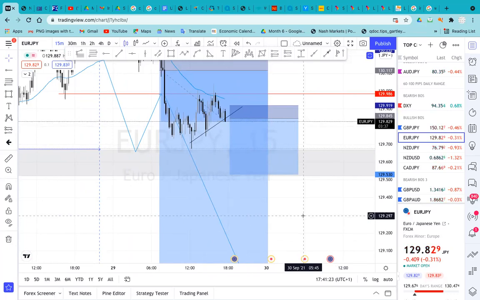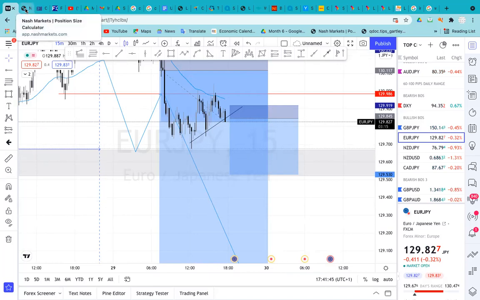Alright guys, this trade is a lovely trade, a very sweet trade. I'm in this trade, and let me see my entries as such.